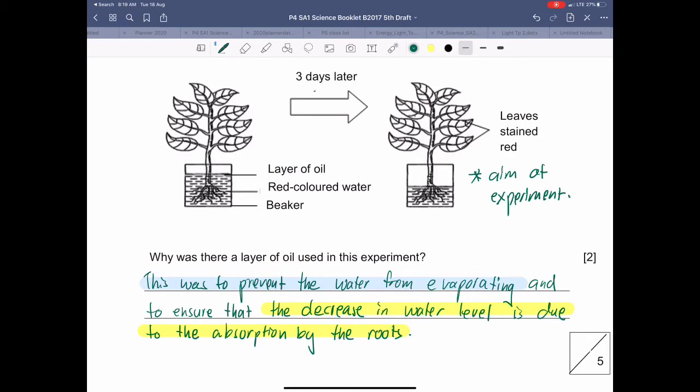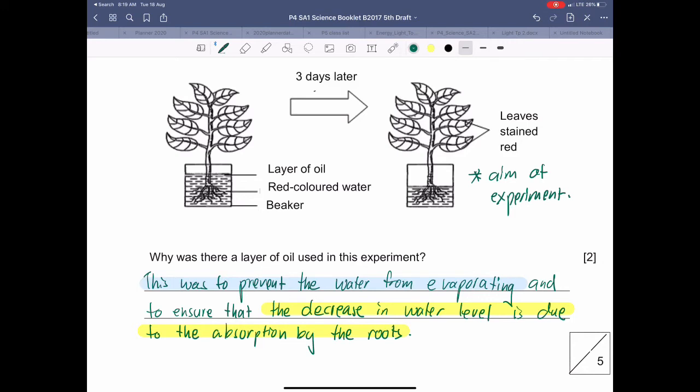You know what I'm saying? Or where did they get it? But if you know for sure that you have covered the water with a layer of oil, definitely the only way for the red colored water to travel to the leaf will be via the absorption of the roots and nowhere else.